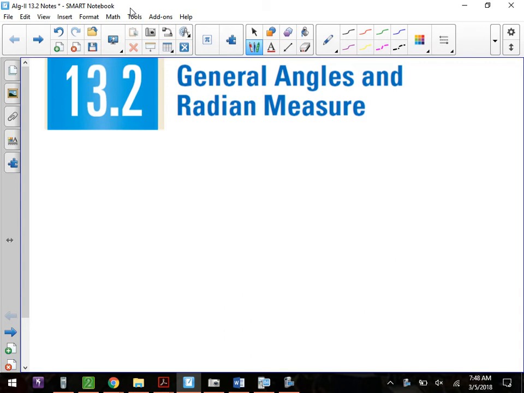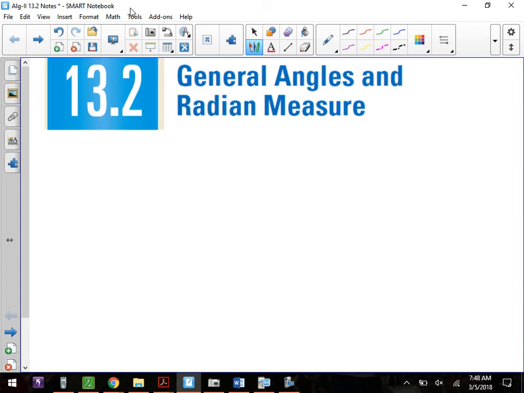Sport bike. Sport tourer. Anyway, so today we're going to start talking about general angles and radian measures, and this is where trig and all of the angle stuff that we've all gone through switches into what's called the unit circle. It's kind of where everything starts to blend together.